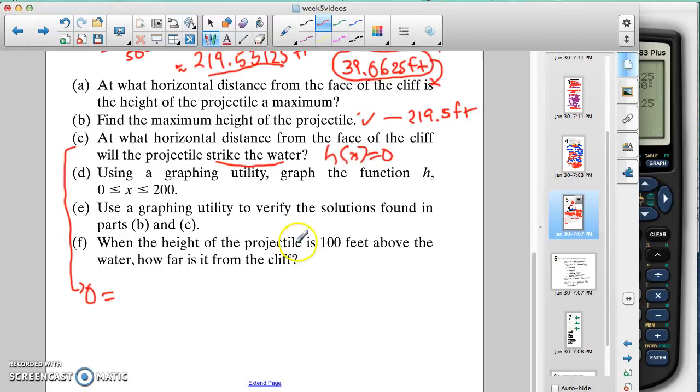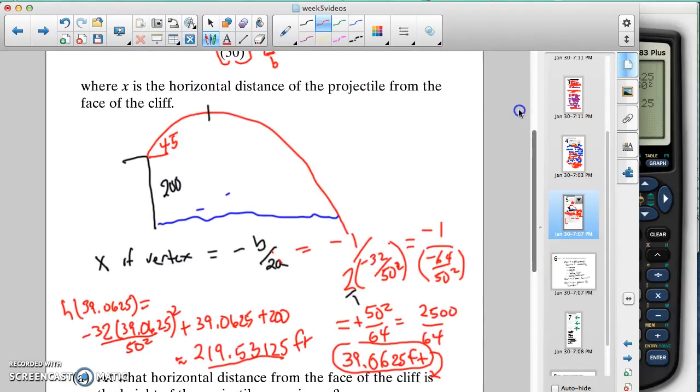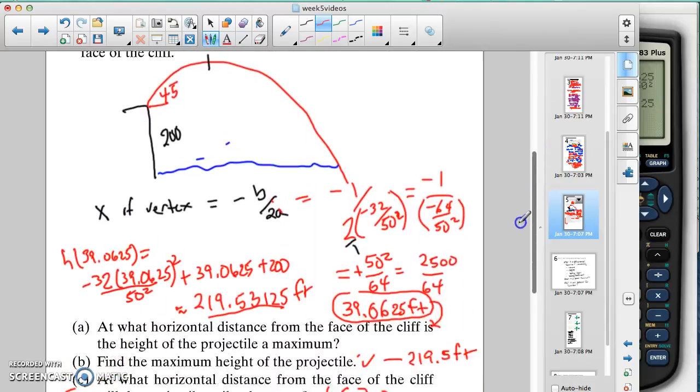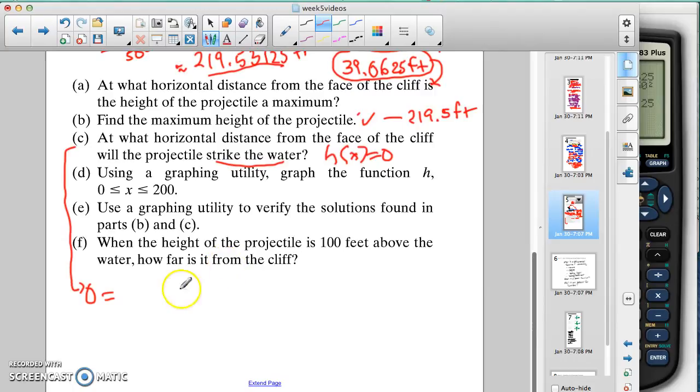So we're going to set it equal to 0. We're going to use our equation, and we will plug that in up here. 0 equals negative 32 over 50 squared, x squared plus x plus 200.